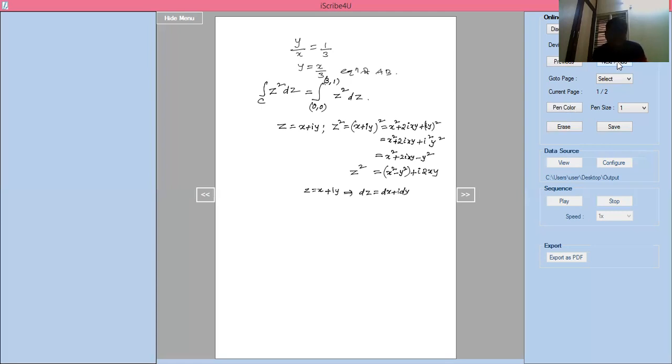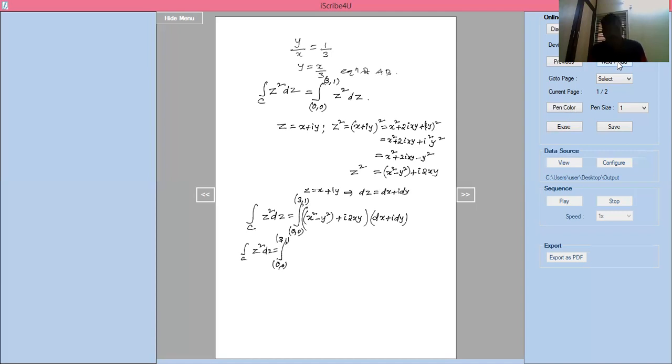Now I can write integration over C of z square dz equal to integration from (0, 0) to (3, 1) of z square, which is x square minus y square plus i into 2xy, into dz, which is dx plus i dy. Now I'll cross multiply.